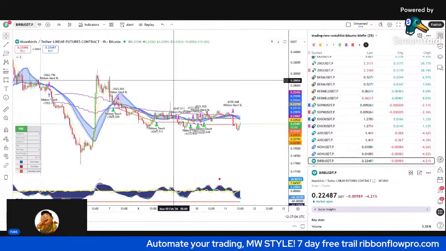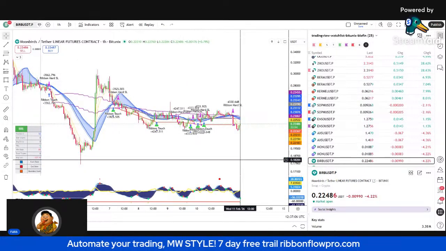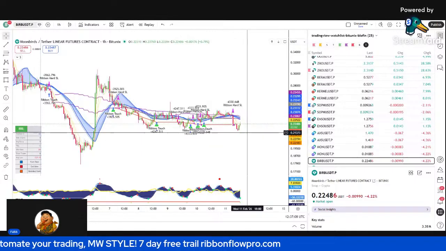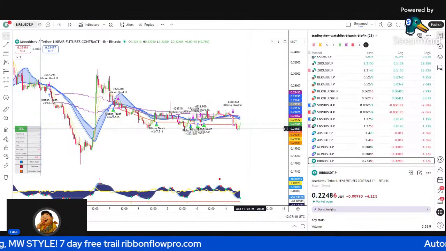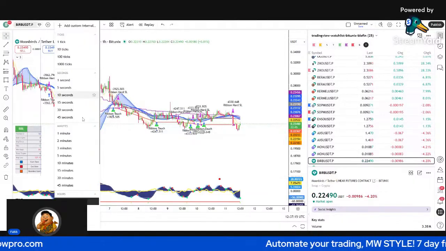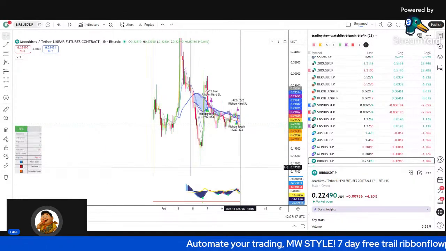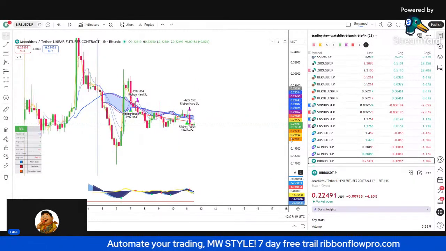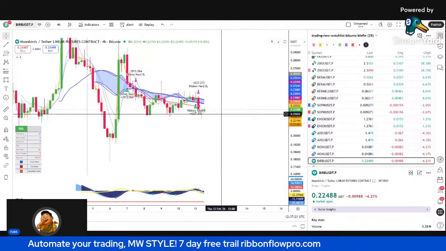Burb. So this has signaled a buy here, okay? And it is at support. That's on a 1-hour time frame.